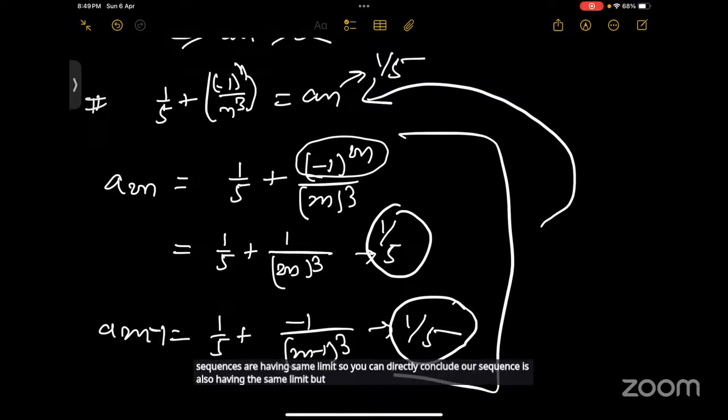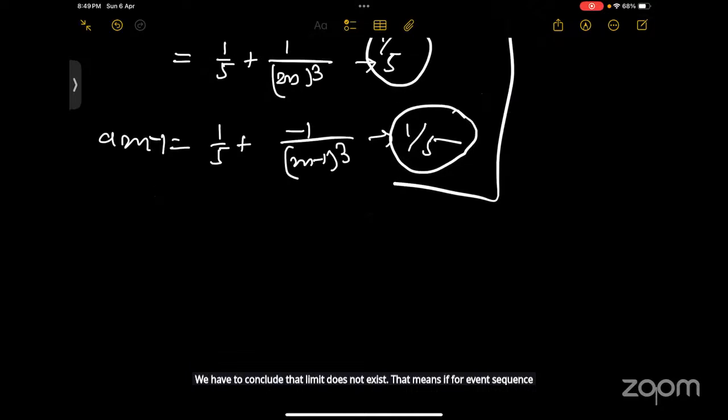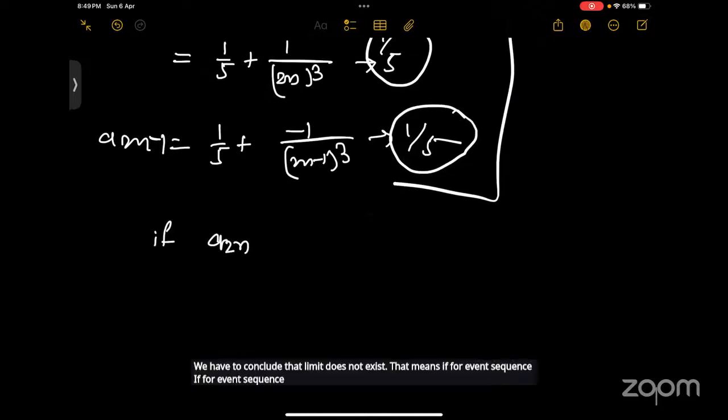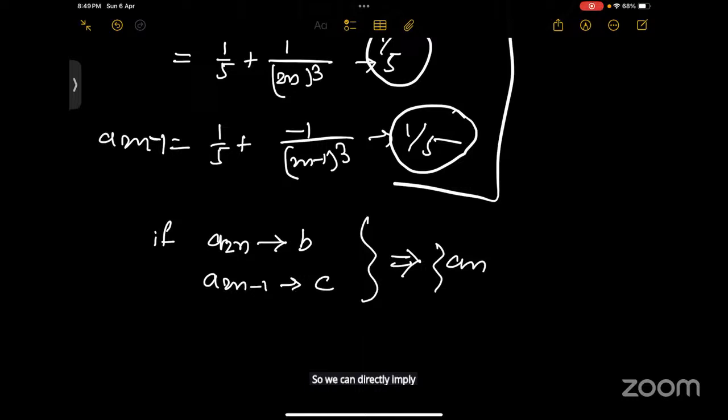But if they give different limits, we have to conclude that the limit does not exist. That means if the even sequence a_2n is tending towards some b, and the odd sequence a_2n minus 1 is tending towards c, we can directly imply our main sequence a_n is not convergent. Okay.